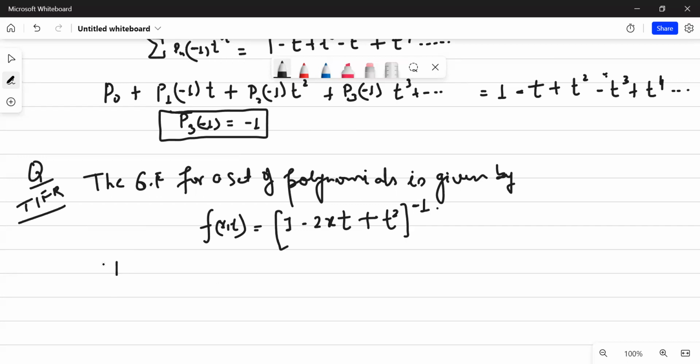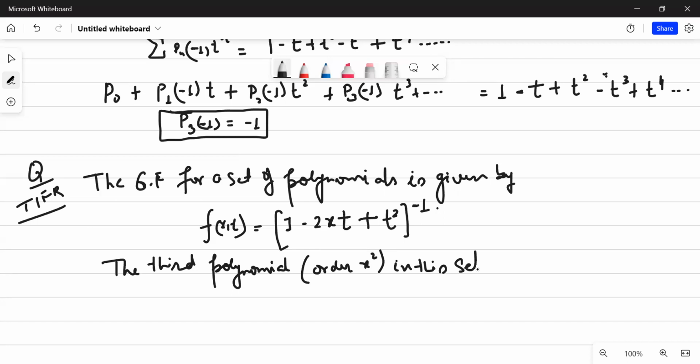They are asking the third polynomial in this set, that is, of order x square. It is given by which of the following?